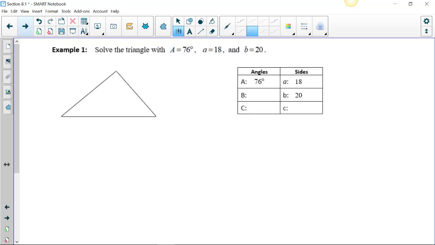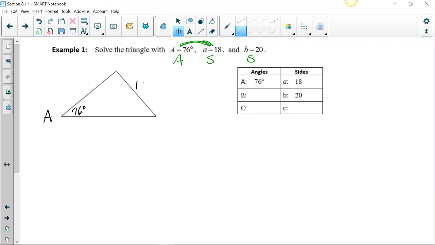Okay, example 1. So notice how I'm given an angle and two sides, and that one of the sides is opposite the angle. So that's how I know I can use law of sines. All right. I always draw my triangle in the same situation. So whatever angle I'm given, it's not always called A, but whatever angle it is, I put here.